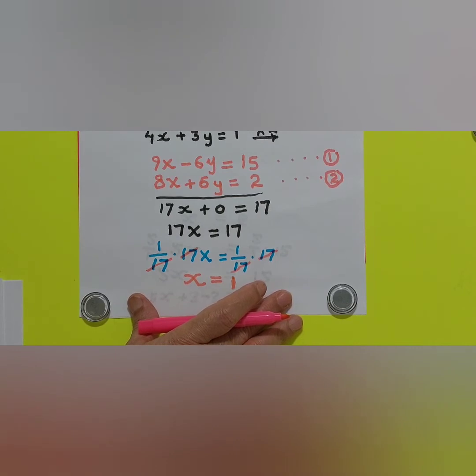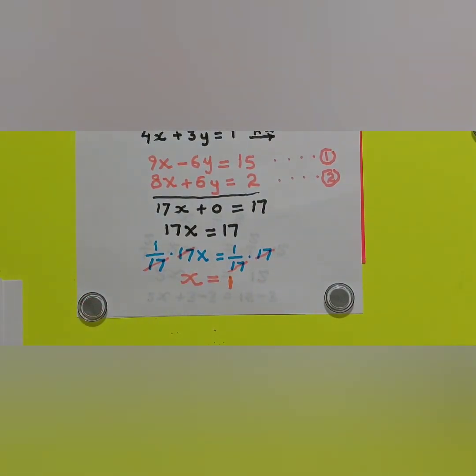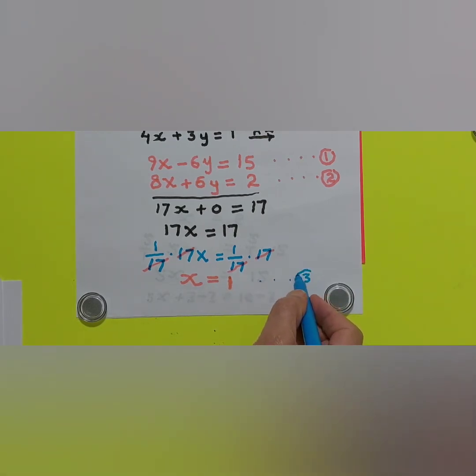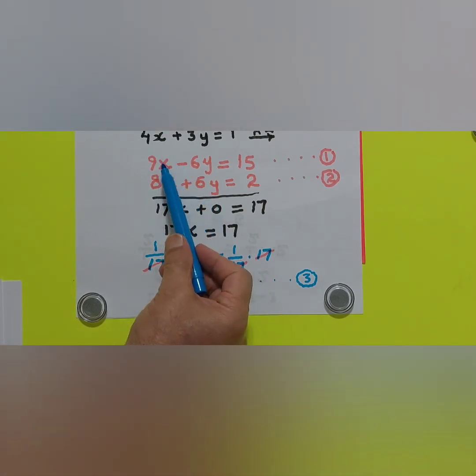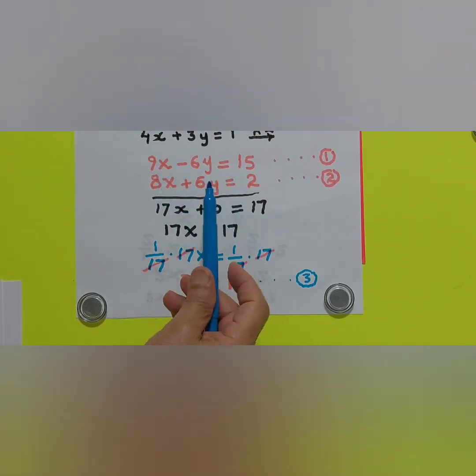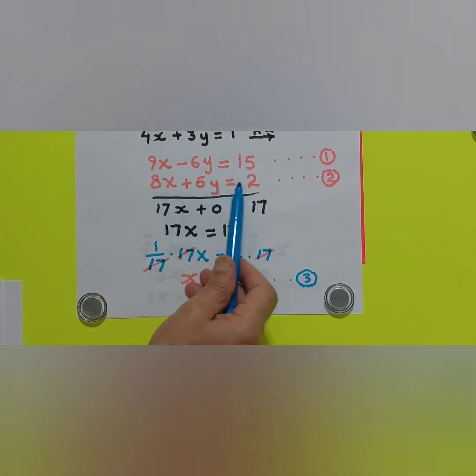That's what we got, which will help me to find the value of y. This as equation, we give it number 3. Now we will make substitution from number 3 in either one of the equations, the original equations or the equations we got after multiplying.